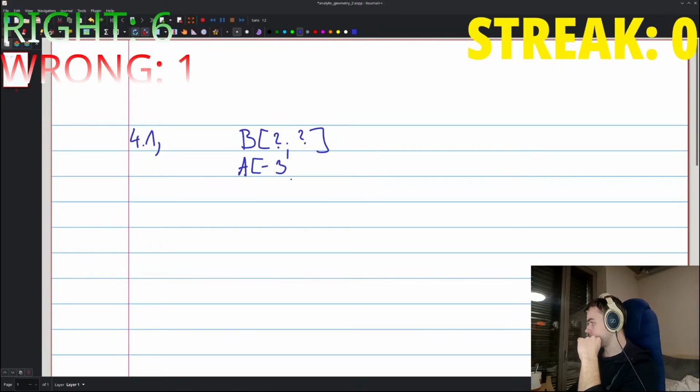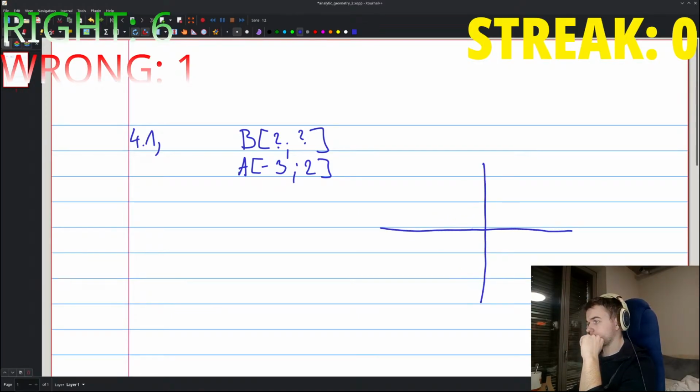Point A is minus 3, 2. We are looking for B. First, it has to be symmetrical along the x-axis, then along the y-axis, and then from the origin.